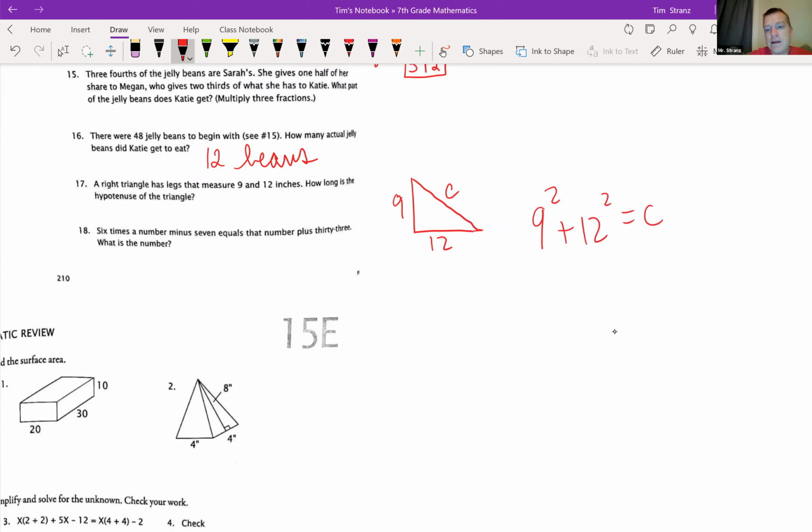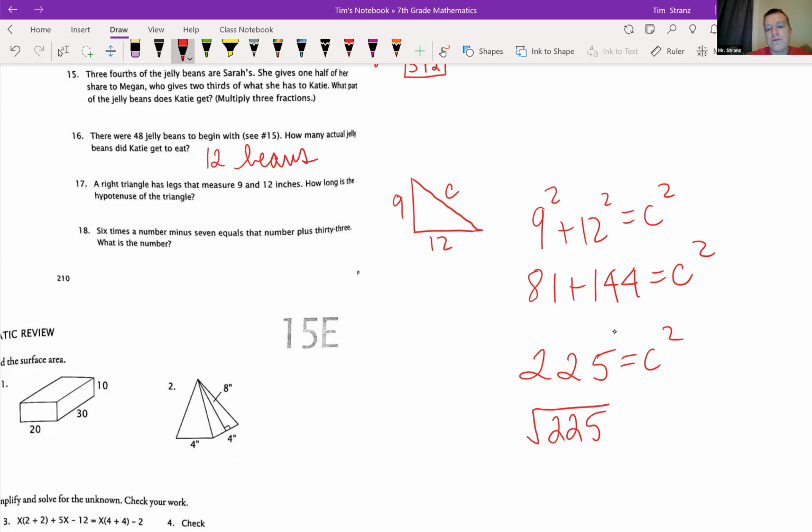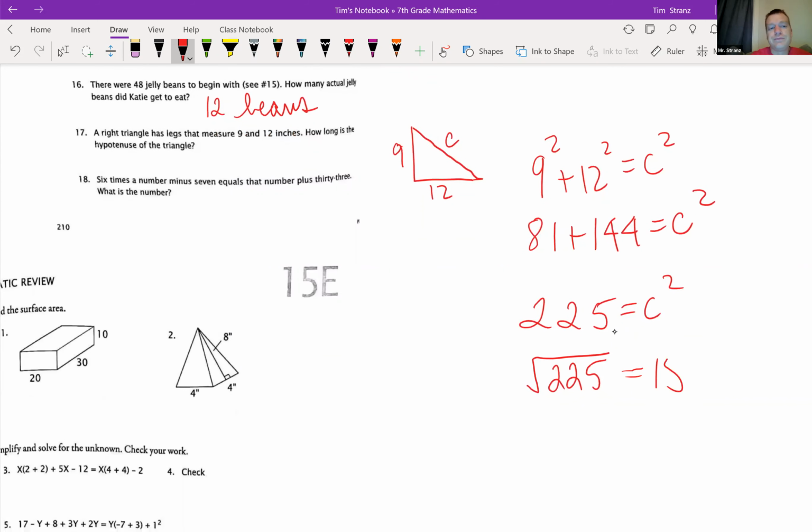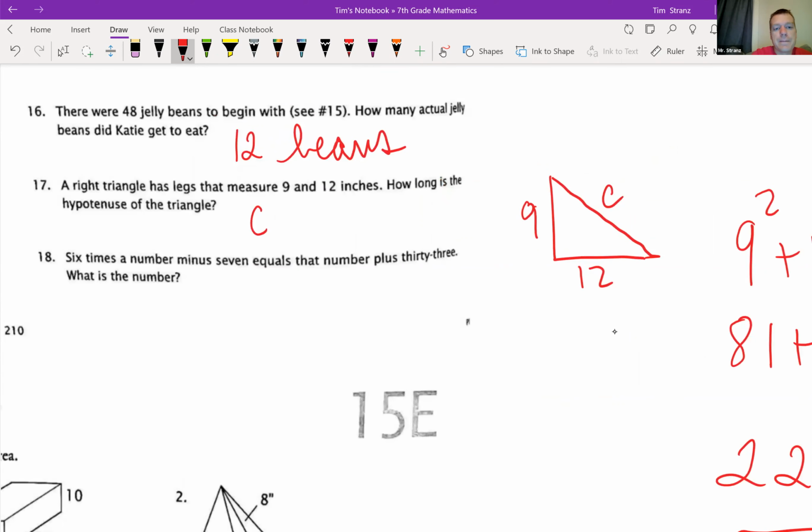It's going to equal c squared. So we got 81 plus 144 equals c squared. Okay, 81 plus 144 is going to give us 225, and the square root of 225 is going to be 15. So we know that c equals 15.